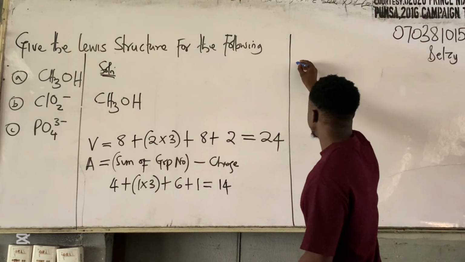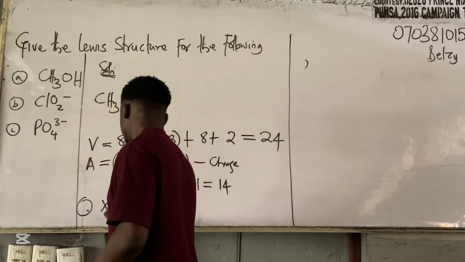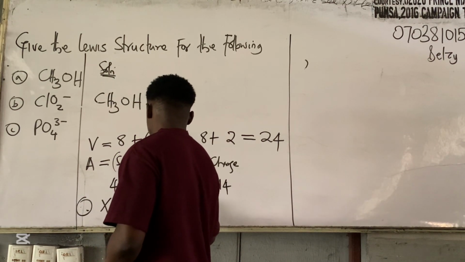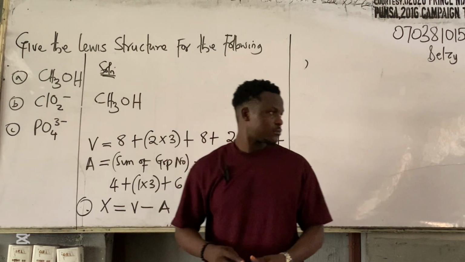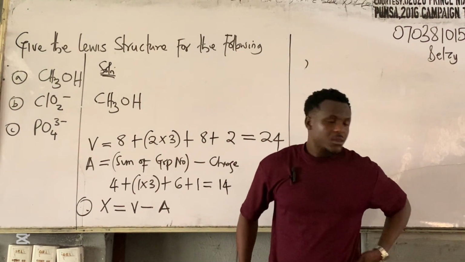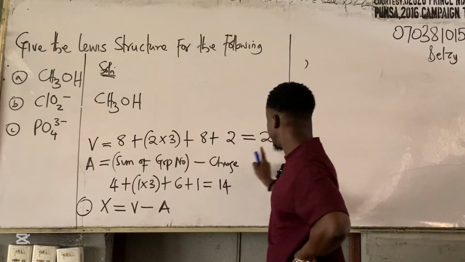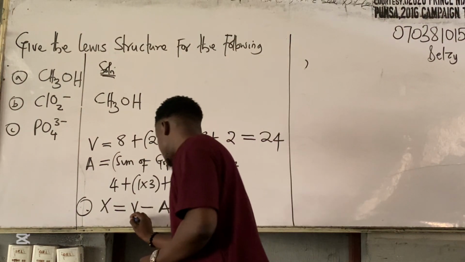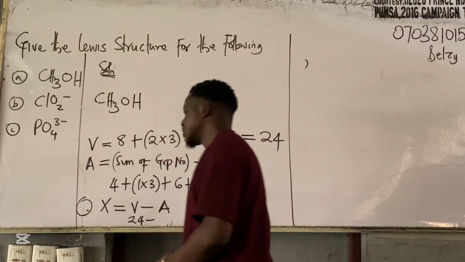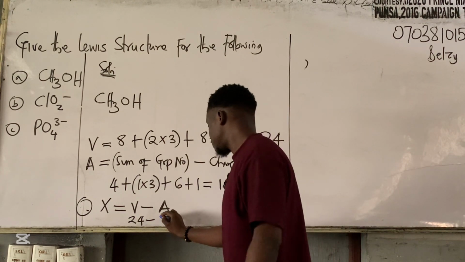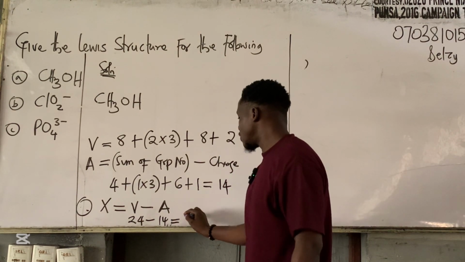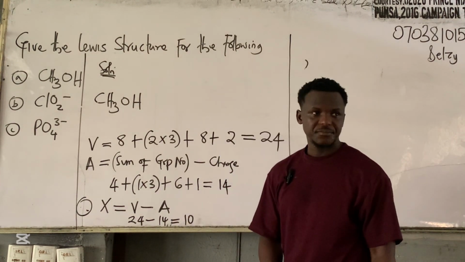Now, step 2, let's continue. V minus A. What is the value of V here? What's the value of A? Now, X equals to how many? 10.